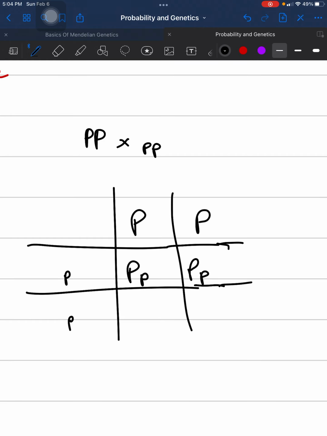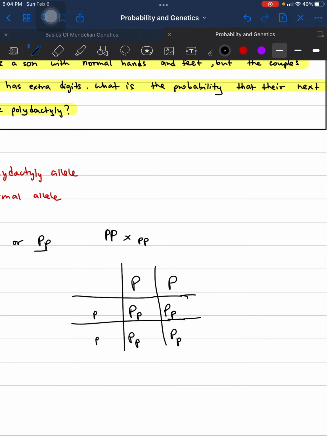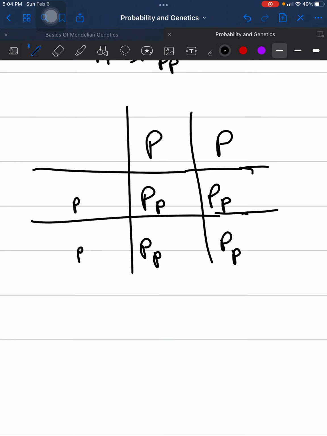When we do this cross, we get all heterozygotes, 100% heterozygotes, and 100% of the offspring have the polydactyly condition.